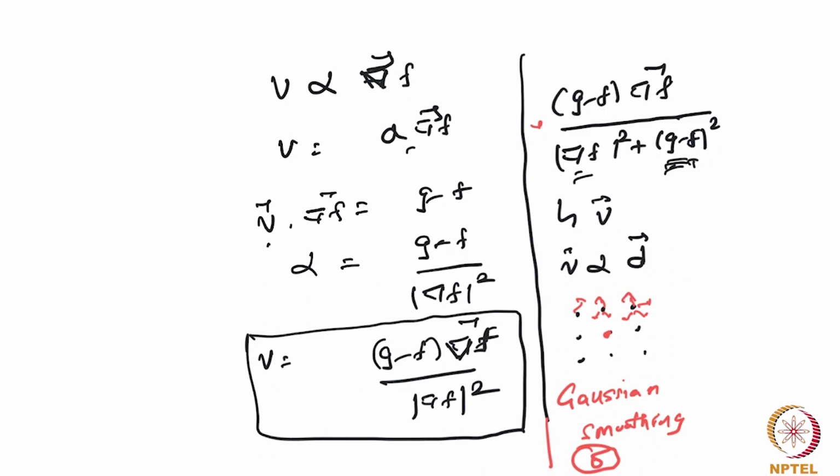In the fixed image, the gradient of f tells you the direction of greatest change. Wherever the gradient of f is very small, it means it's a flat region, and you really don't have any information there. So that's one thing that helps if you move in the direction of the gradient of f.